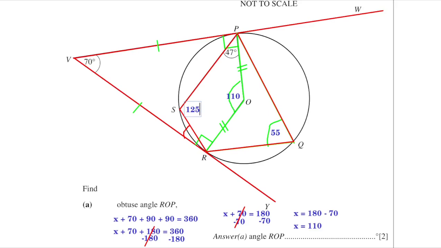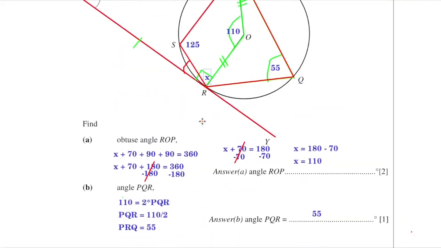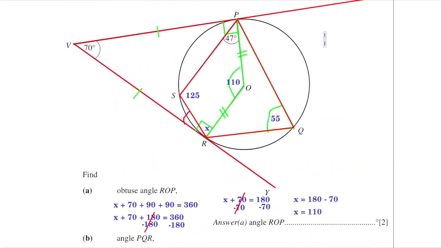Now let's find this angle here. This is a quadrilateral. All angles in a quadrilateral will give you 360 degrees. Let me write it here. We have 47, we have 110, we have X, we have 125. This equals 360.